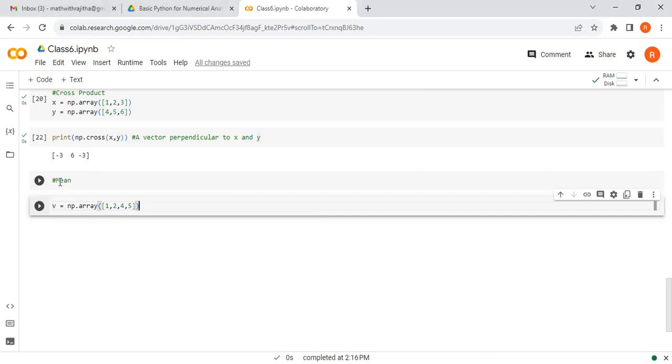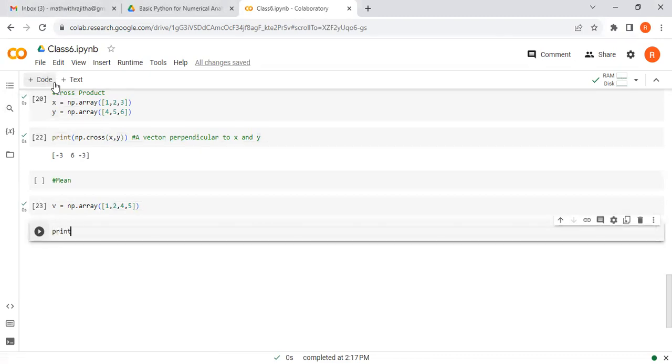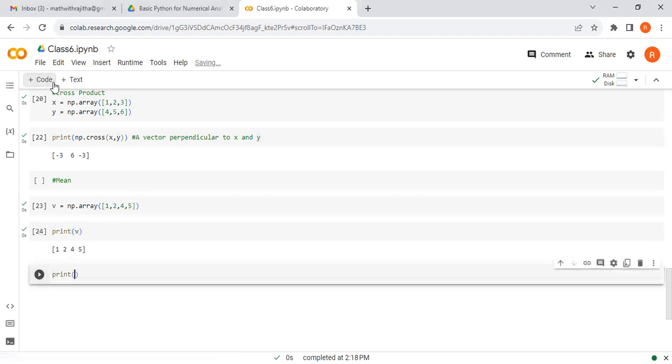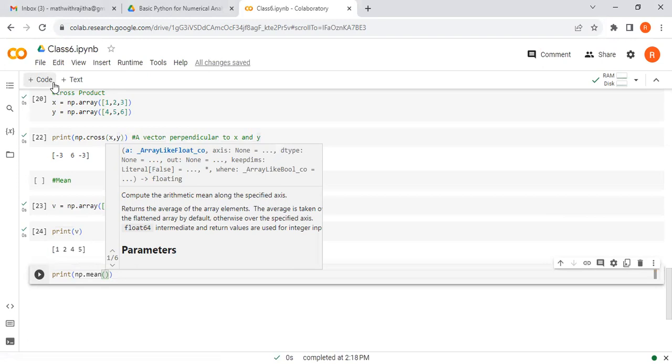You can write any vector. Print v. Next, print np.mean(v).